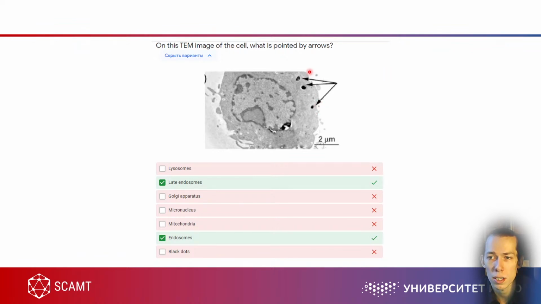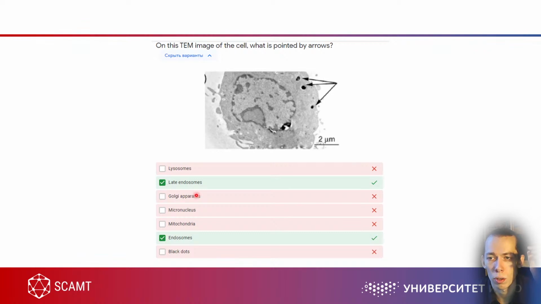And as you can see, they're separated from the cytoplasm, so they're in some kind of organelle. Lysosomes possess just some enzymes, and when an endosome and lysosome meet, they form a late endosome or endolysosome. So it's not just a lysosome.